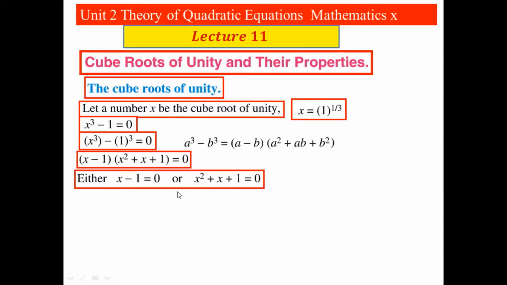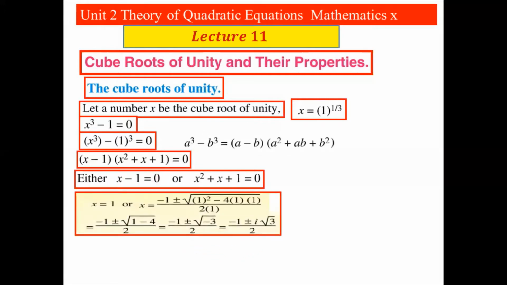To find the roots of this quadratic equation, we have to use the quadratic formula, which is x is equal to minus b plus minus square root of b square minus 4ac over 2a. Here a is equal to 1, b is equal to 1, and c is equal to 1. a is the coefficient of x square, b is the coefficient of x, and c is the constant value.